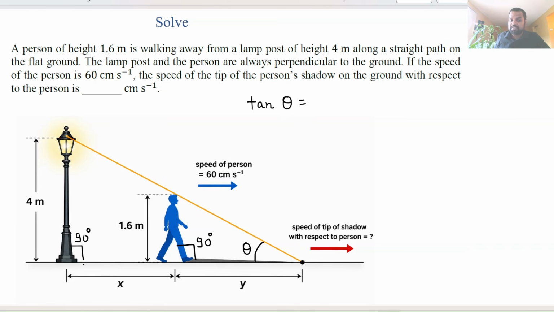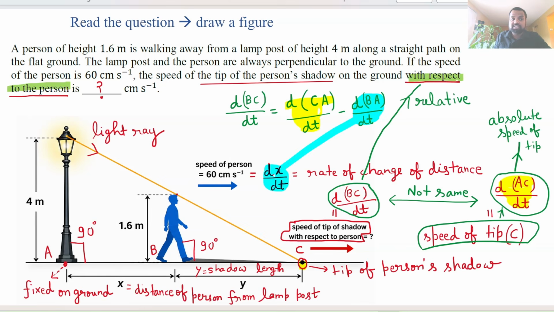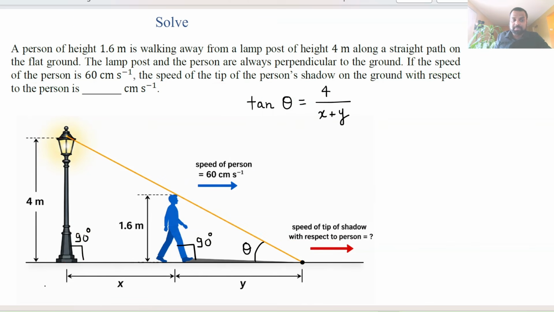If you take the big triangle, we will get 4 by x plus y. Let me name it again, maybe ABC. So let's call it A, this is B, C, and let's call it D.